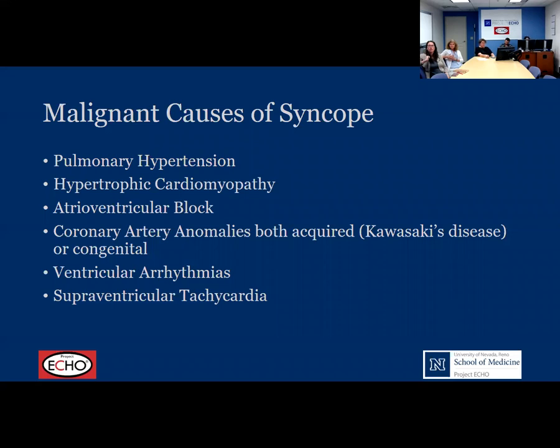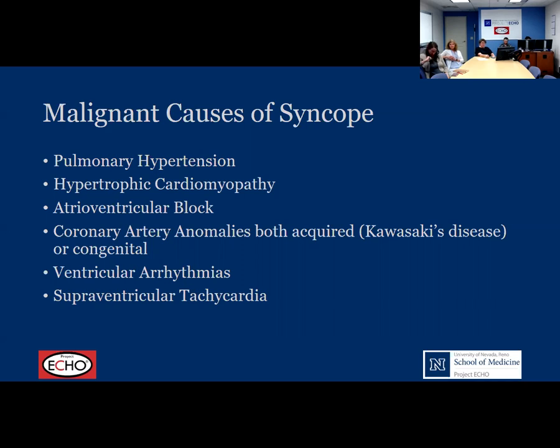The most common of all these issues is going to be ventricular arrhythmias. That being said, it's something like 1 out of 100,000 patient years. It's very uncommon. The one most practitioners know about is something called long QT, and the EKG can be helpful, but not always. Supraventricular tachycardia is a very rare cause of people having syncope.